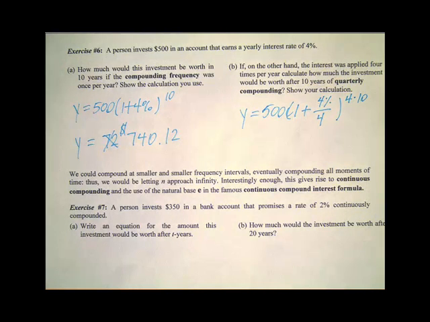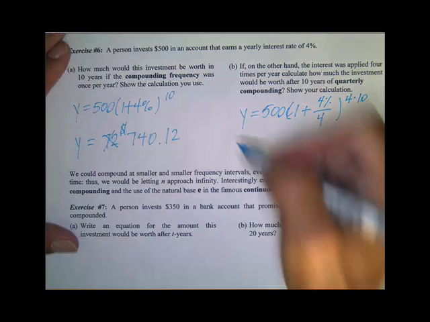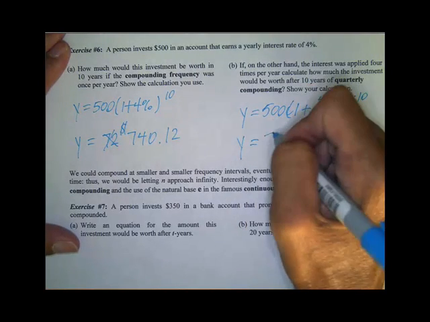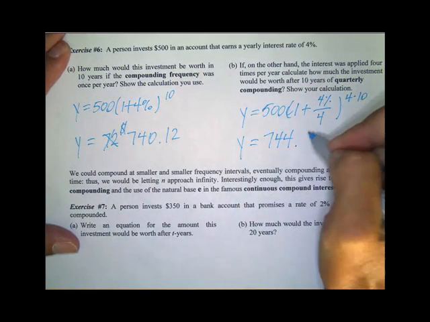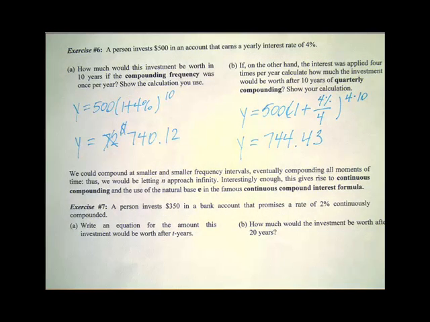And again, remember it's money, so 2 decimal places. And you'll notice you have a little bit more money, $744.43. So the more you compound your interest, the more money you're making overall, because you're making money on your interest. I hope that makes sense. If not, definitely ask in class.